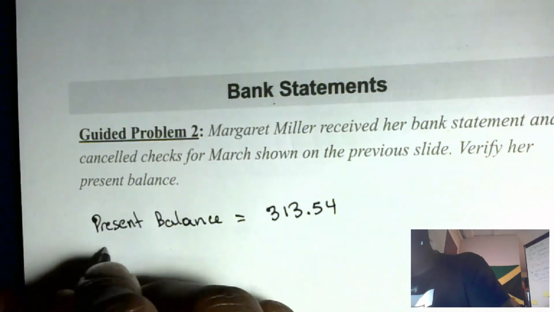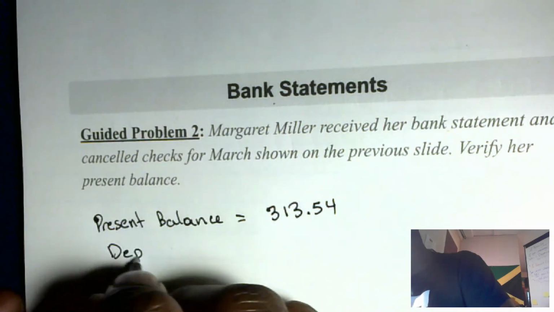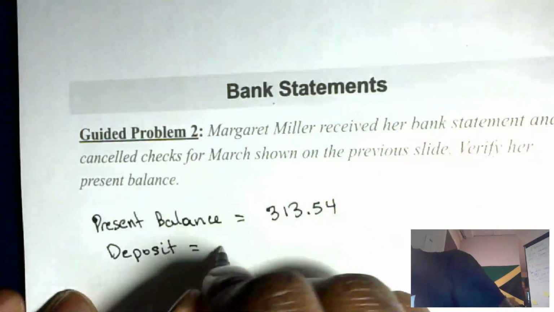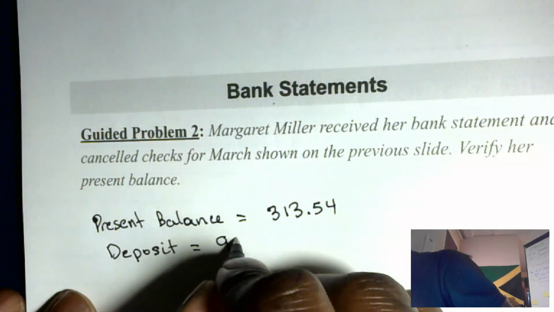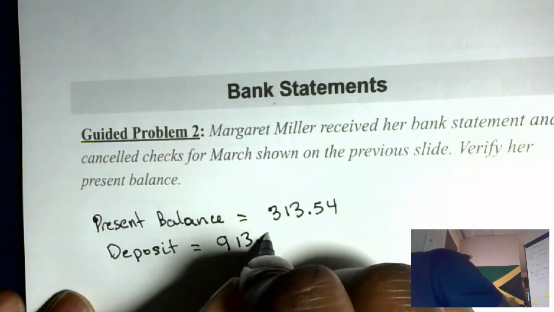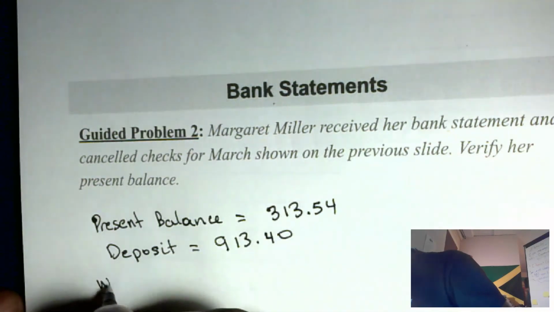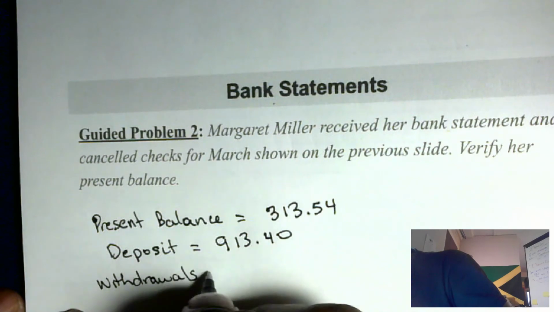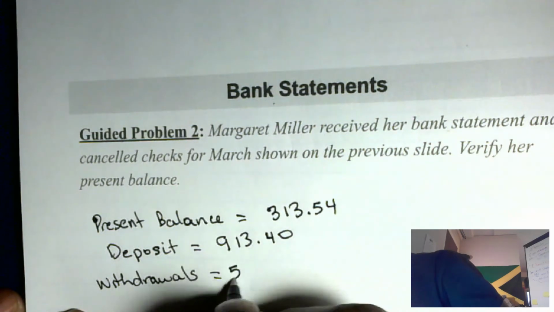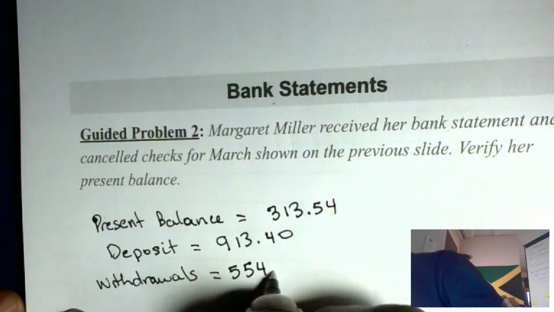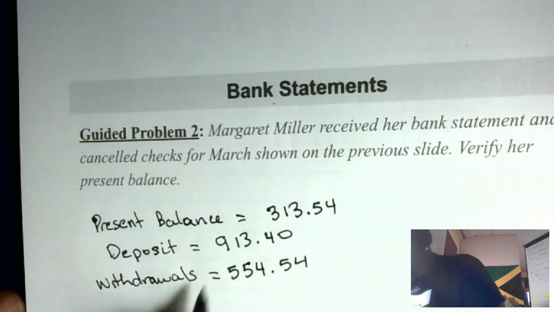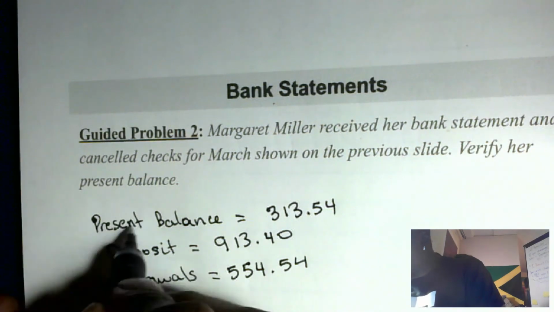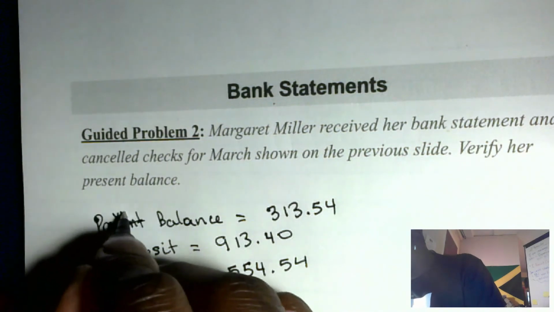We need to find her deposits, which were 913.40. Withdrawals equal 554.54.